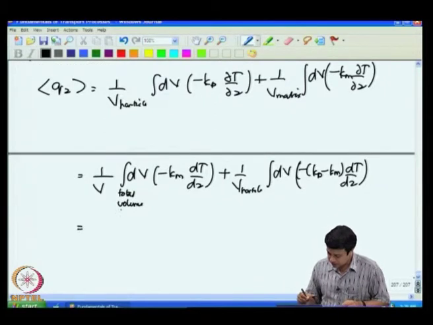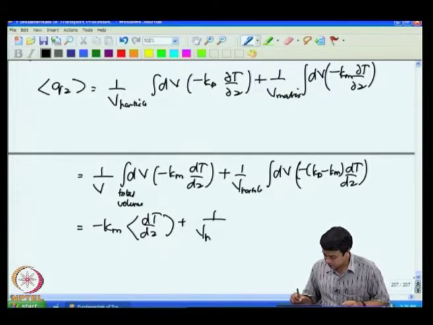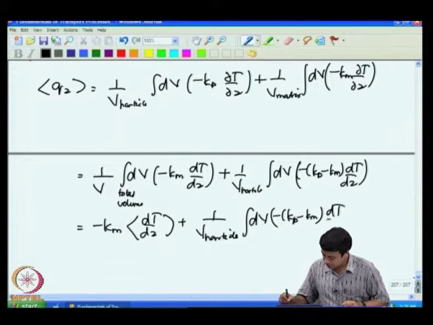So, I can write this integral over the entire volume as minus Km into the average of dT by dz, plus 1 over V, the integral over the particles dV of minus of Kp minus Km dT by dz.